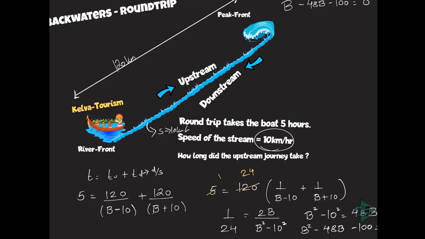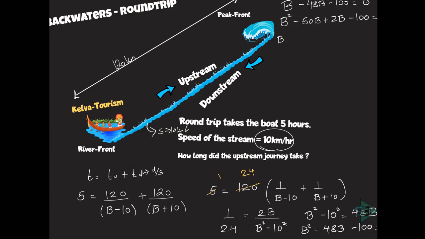So, now I need what? Two numbers whose multiplication is 100, and since there is a minus, subtraction is 48. So what will I pick up? 5 twos are 10, 50 times 2 is 100, and 50 minus 2 will be 48. That's how I'll split this up. So I'll write this as B square minus 50B plus 2B minus 100 is equal to 0.